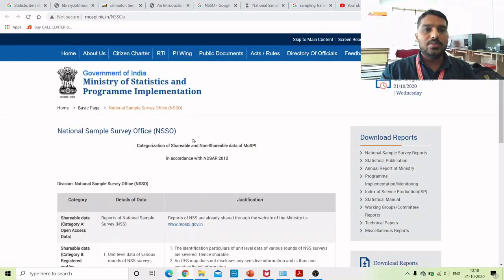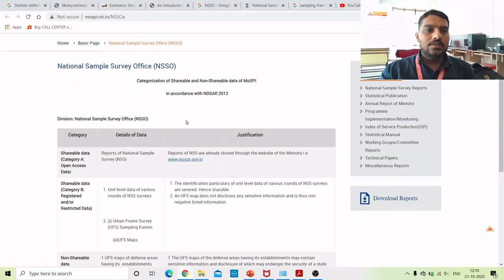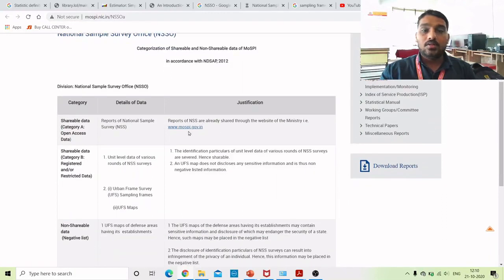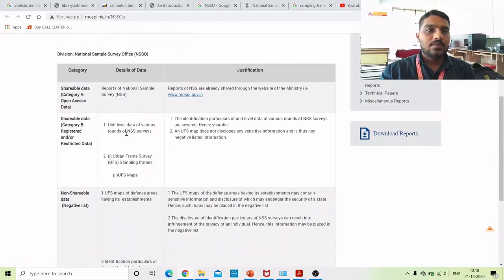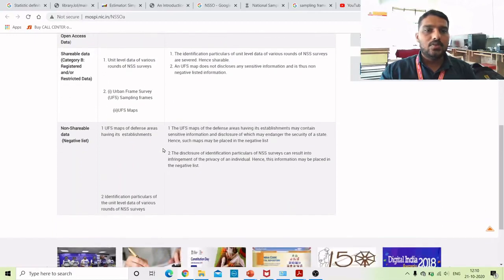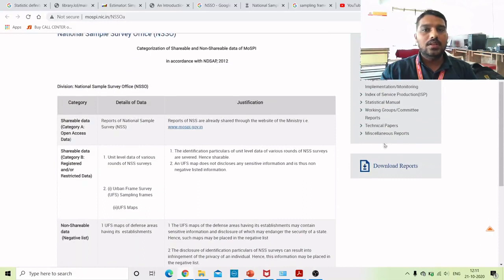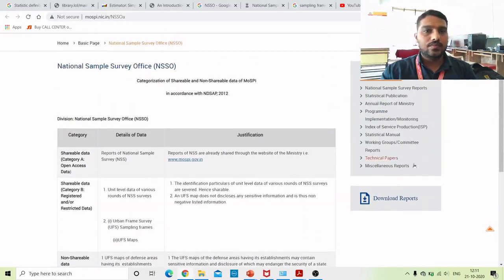The National Sample Survey Office, NSSO, works under the Ministry of Statistics and Program Implementation, and its work is divided into some parts, which are reports of NSS already shared through reports of National Sample Survey NSS, then unit level data of various rounds of National Sample Survey, urban frame surveys, then UFS maps, defense areas, and all other reports are given on the website, in the web page, as shown in this browser.